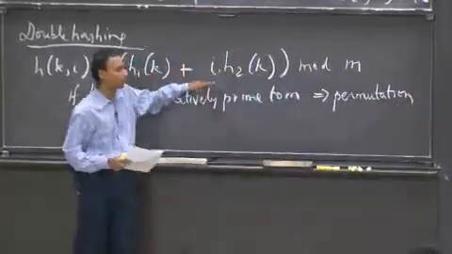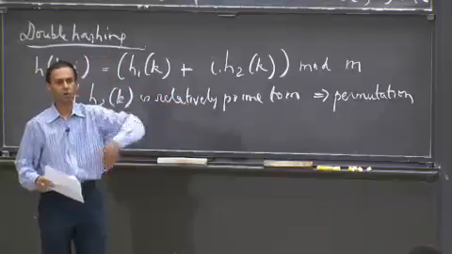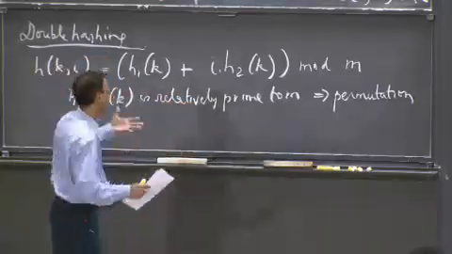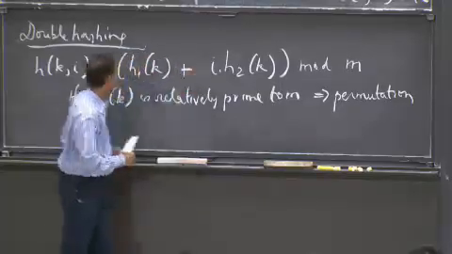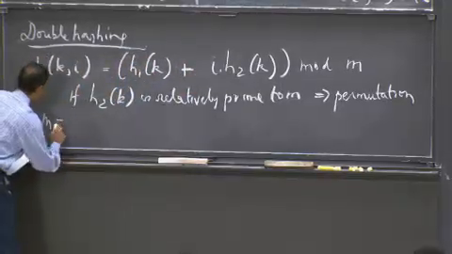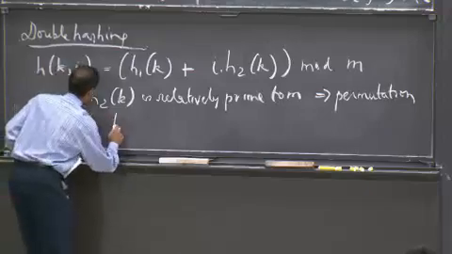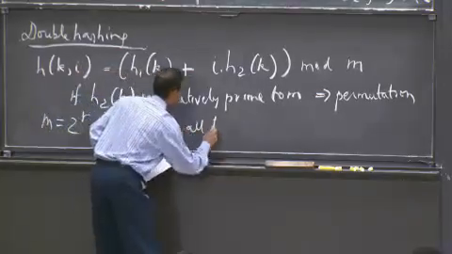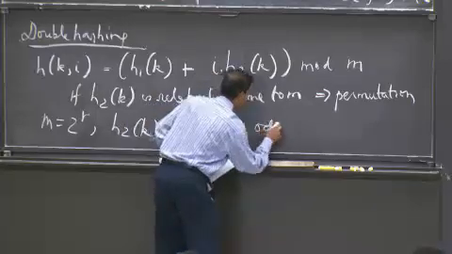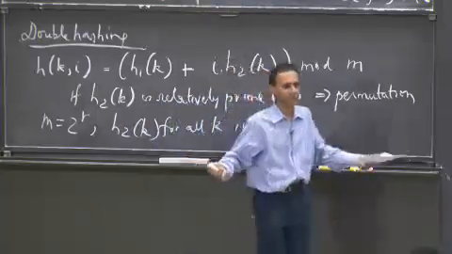You're multiplying this by i, which keeps increasing, and you're going to roll around. All right? I mean, you can do a proof of it, but I'm not going to bother. The important thing here is that you can now do something as simple as m equals 2 raised to r, and h2(k) for all k is odd. And now you're in great shape.